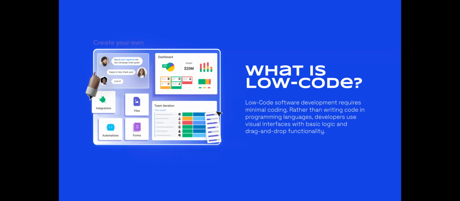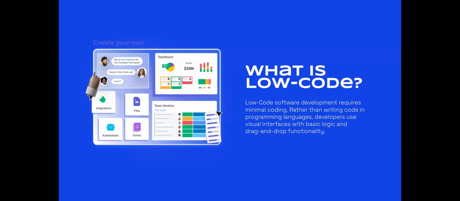Now, when you look at it from one angle, low-code is like putting together different things and turning it into a full-fledged platform, but writing the minimal amount of code possible.